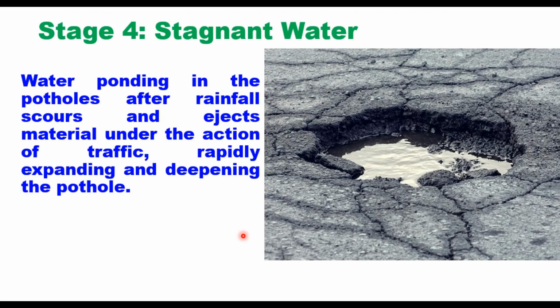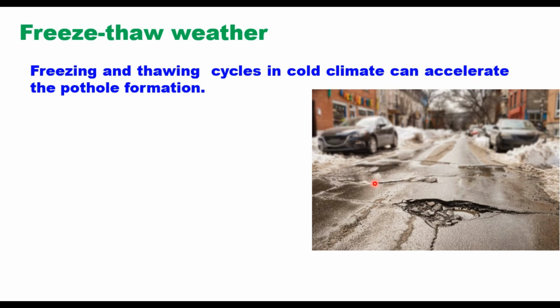Then the fourth stage is stagnant water. Water ponding in the pothole after rainfall scours and ejects material under the action of traffic, rapidly expanding and deepening the pothole. Now, in addition to these four stages, pothole formation can be accelerated or aggravated by freeze and thaw weather also.